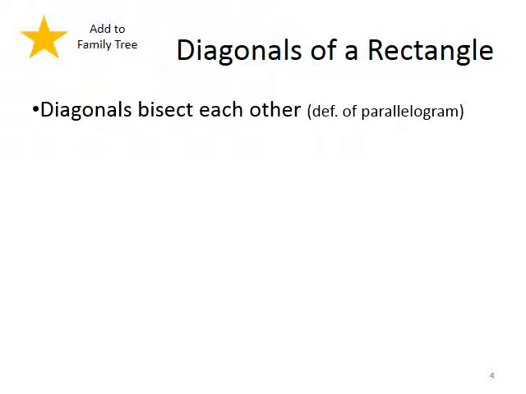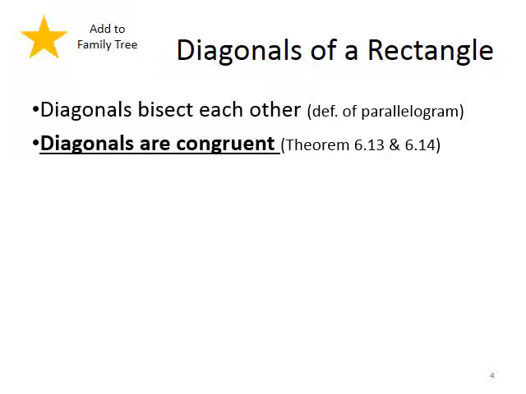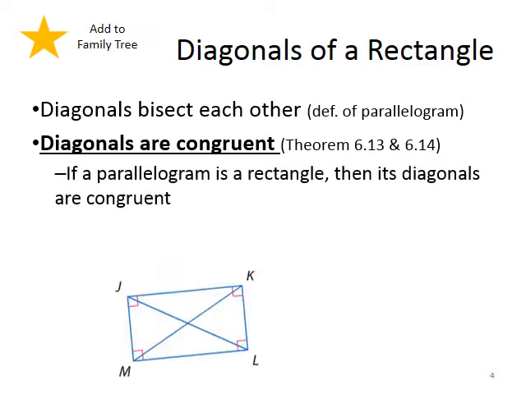But another thing that's extra special about the diagonals of rectangles is this: their diagonals are congruent, so we can add that to our family tree under rectangles. The diagonals are congruent, and because of that, there's a couple of theorems or implications that come from that property that we can use.